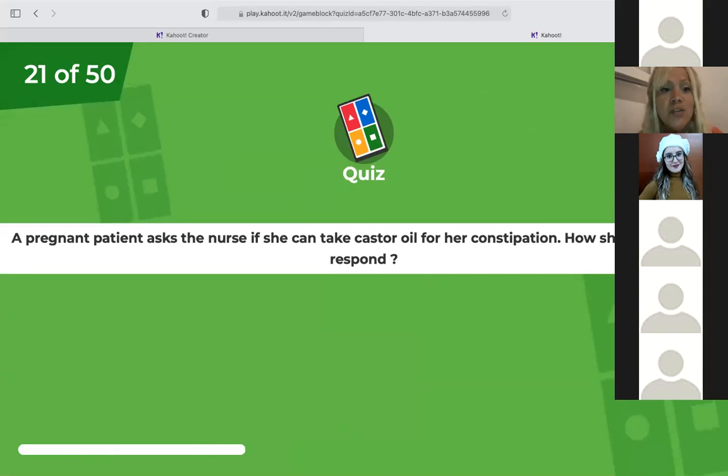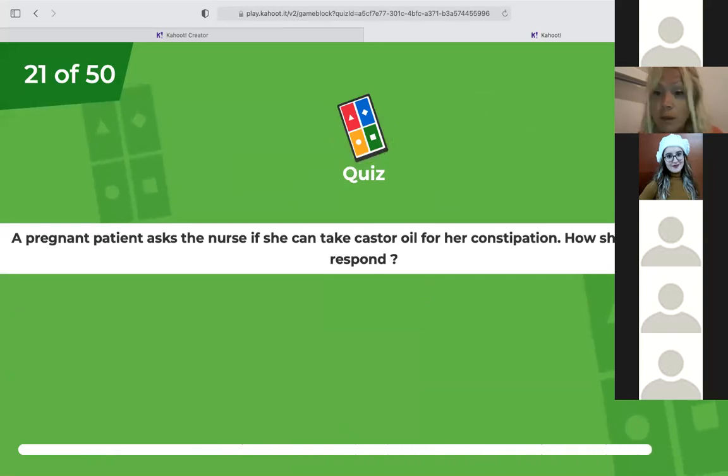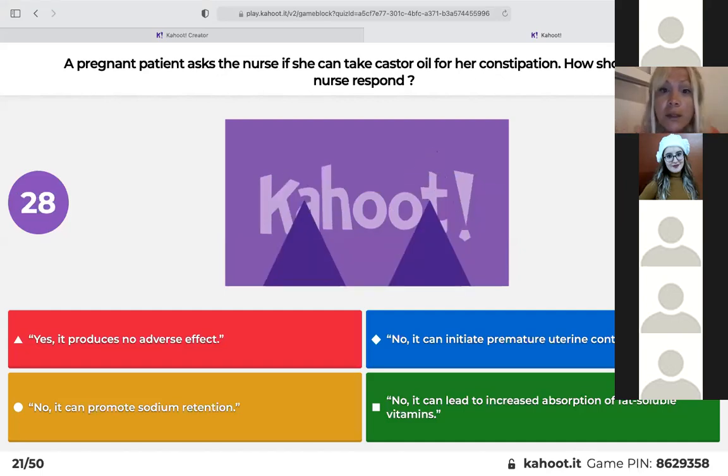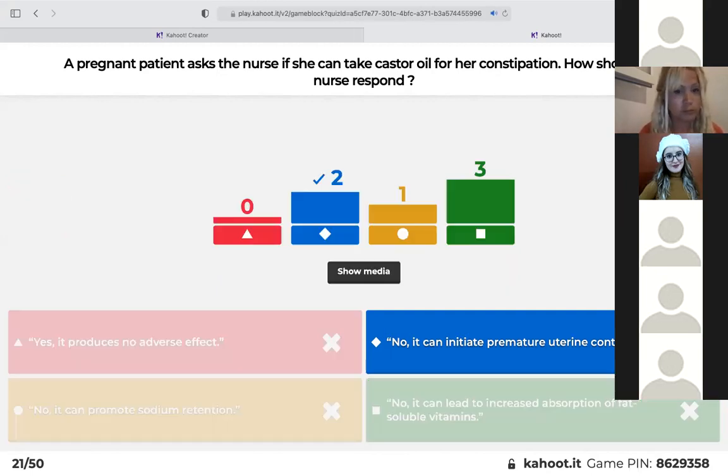A pregnant patient asks the nurse if she can take castor oil for her constipation. How should the nurse respond?